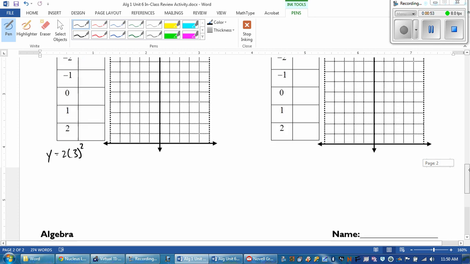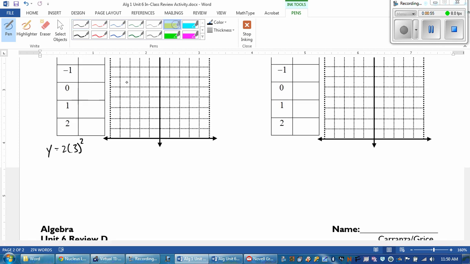We just have to make sure we're following order of operations, because 3 squared, which we have to do first, is 9. And then 2 times 9, we get 18. Okay, and then we can do the next one, and the next one. We know how to do all that.